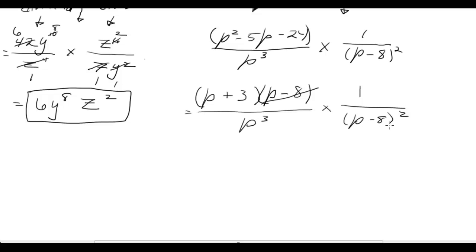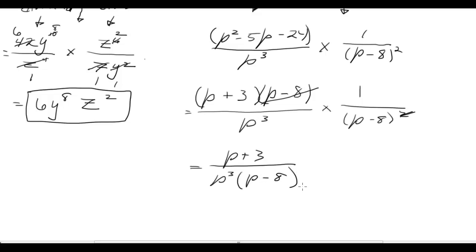This divided by the quantity p minus 8 is just p minus 8. Is there anything else we can do? No, that's about it. So we end up with p plus 3 over the quantity p cubed times p minus 8.